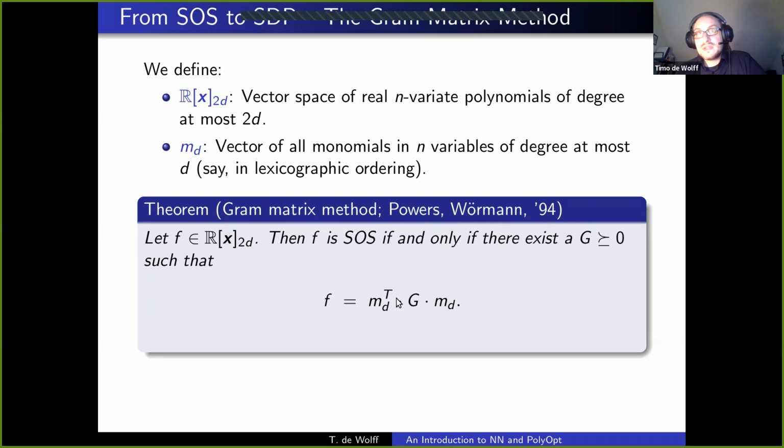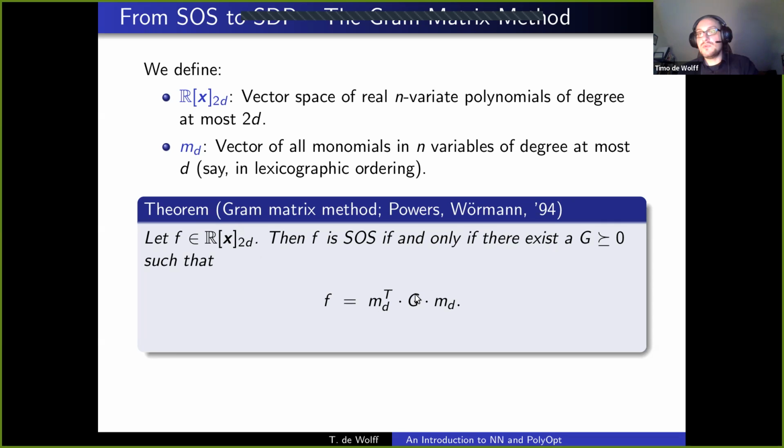If I multiply this out, I will always at most multiply two monomials with each other for every entry that I get. So in total, I get a sum of monomials. I get a polynomial, and the total degree that I get is at most D plus D. So it's at most 2D. So indeed, I get back a polynomial in this space.